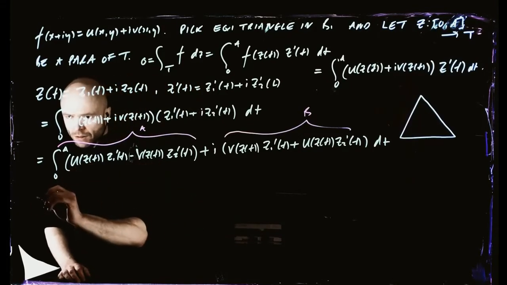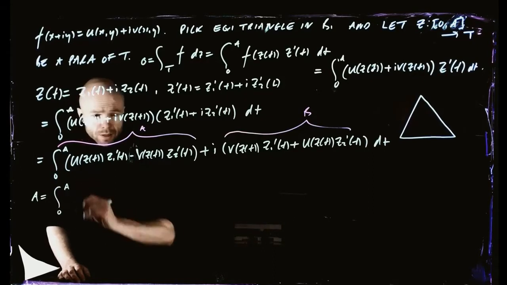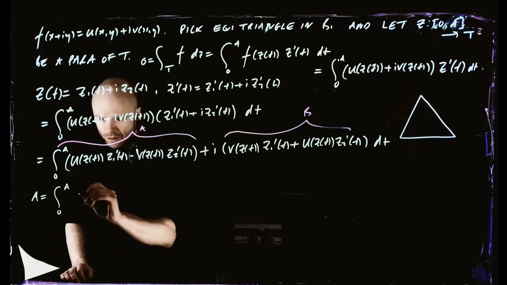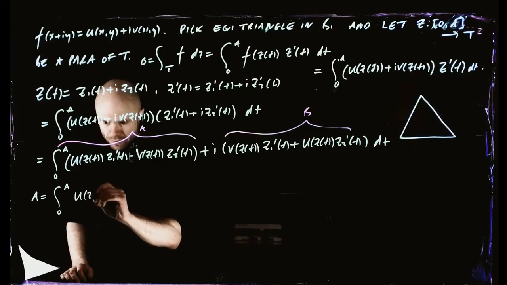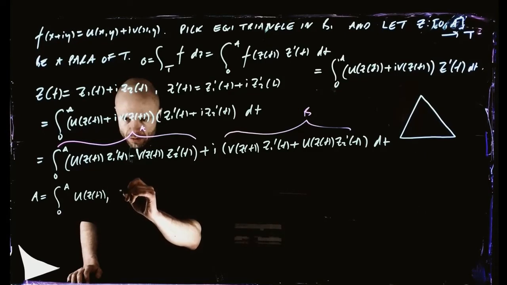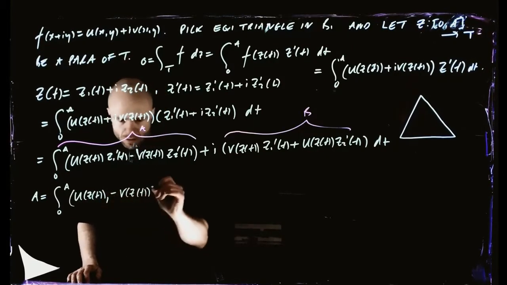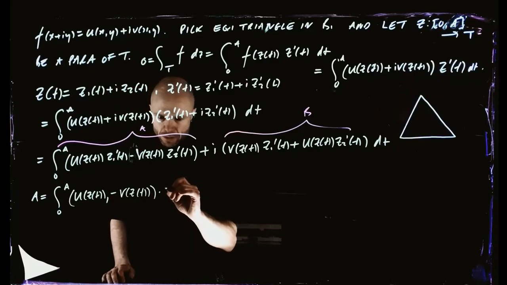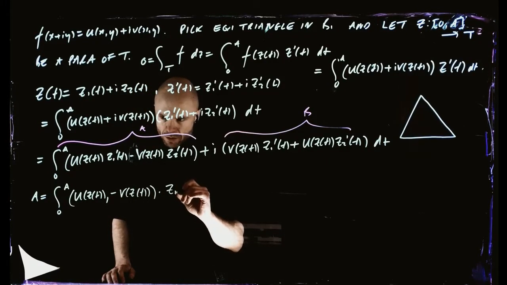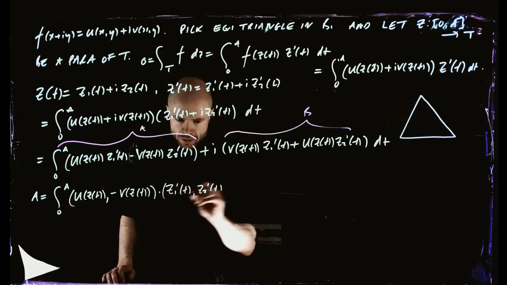So a is equal to the integral of this thing, and let's write this as the dot product of (u(z(t)), minus v(z(t))) with (z1'(t), z2'(t)), like this.